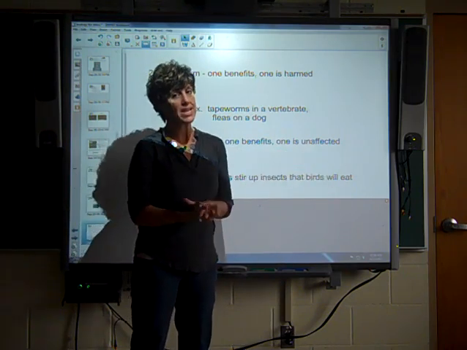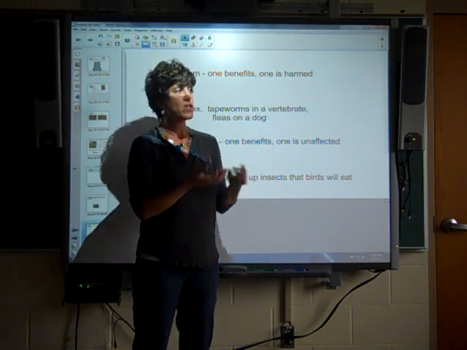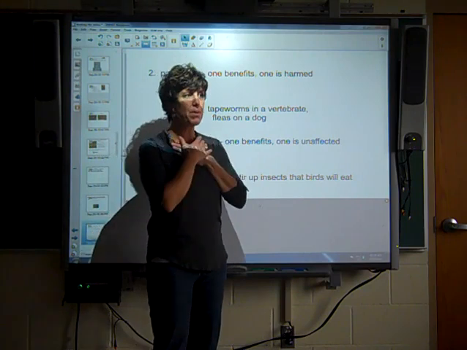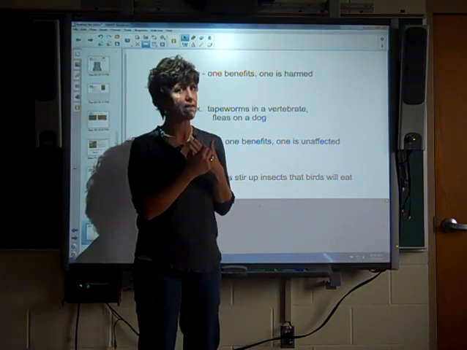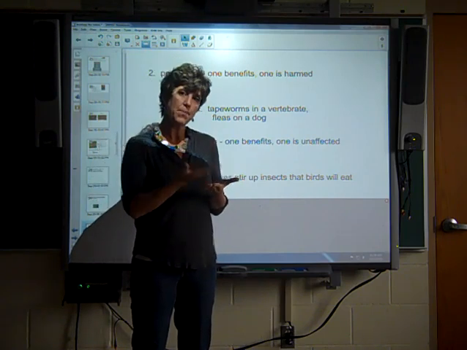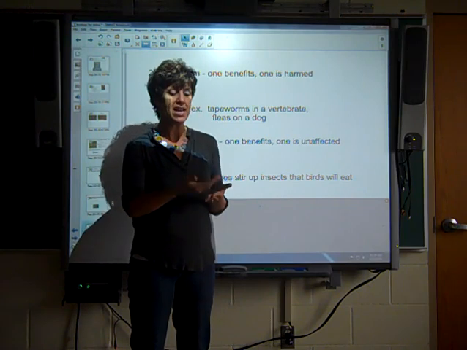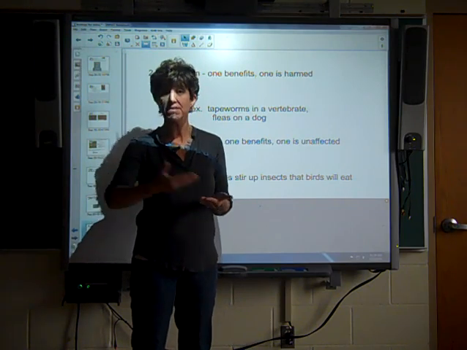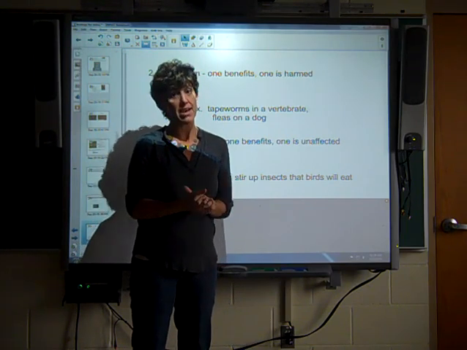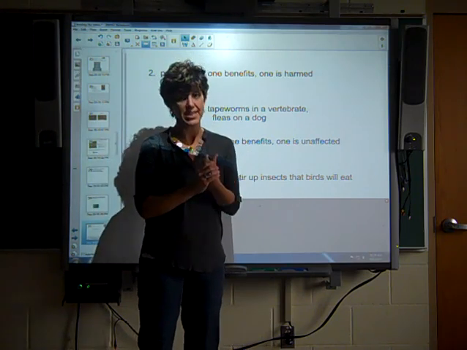An example that I give is that sometimes they'll say a bird nesting in a tree, the tree is unaffected. But I tend to argue that the tree is often affected in some way, because as that bird nests there, chances are there are going to be insects living in the nest. The insects might eat the leaves of the tree, and it wouldn't have done that otherwise. So I think it could be proved as a case of parasitism.